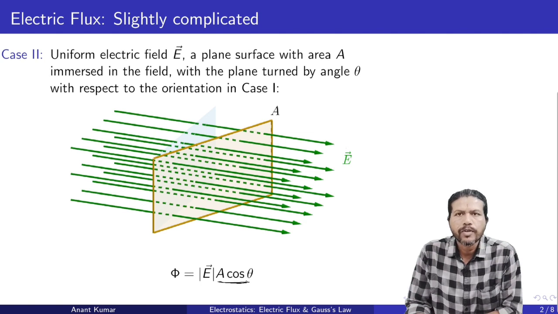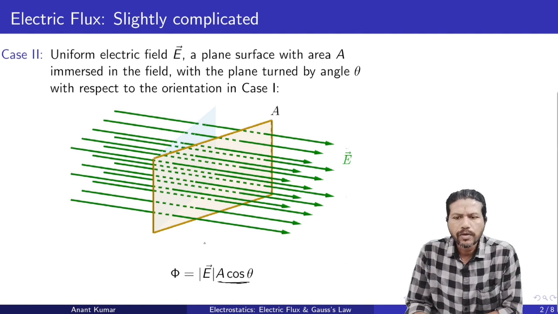Therefore the flux can now be defined as the magnitude of the electric field into A into cos of the angle between the plane now and the initial orientation, which was perpendicular to the electric field.